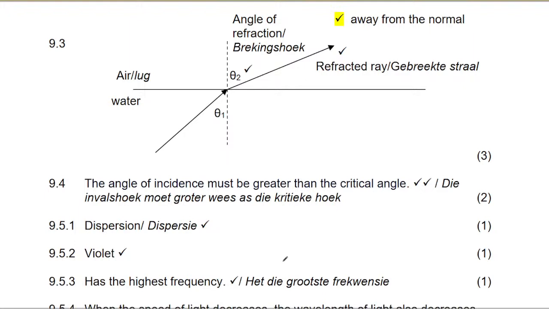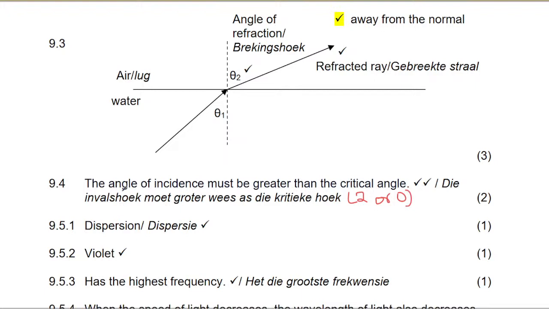So if the learner says the angle of incidence must be greater than the critical angle, that is 2 marks. We accept only this, because the question clearly says it has reference to the angle of incidence. So it is 2 or 0.